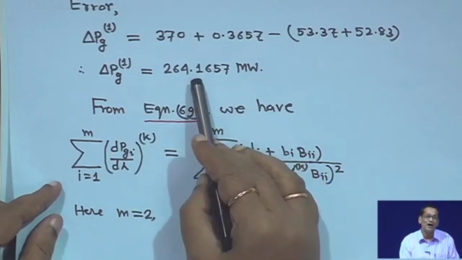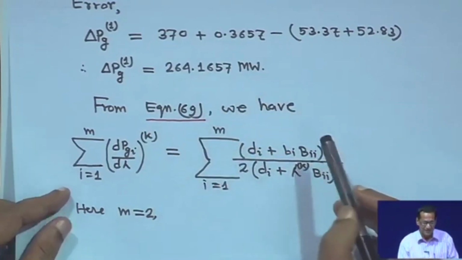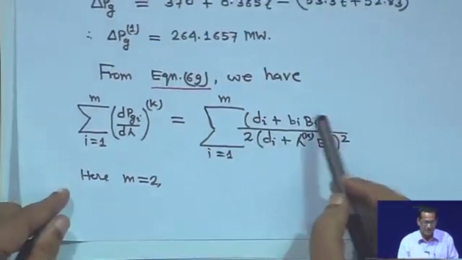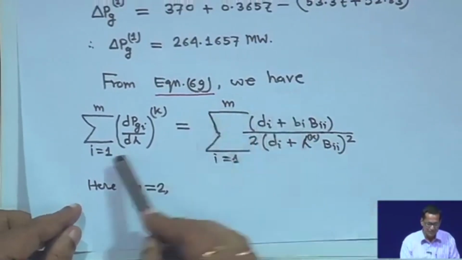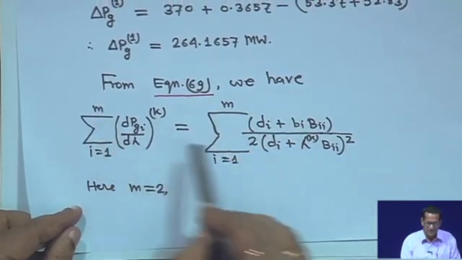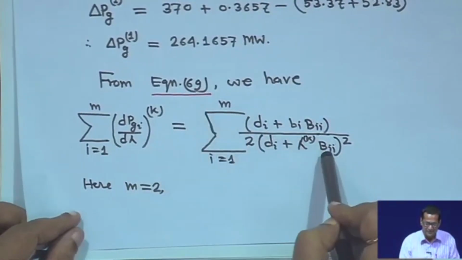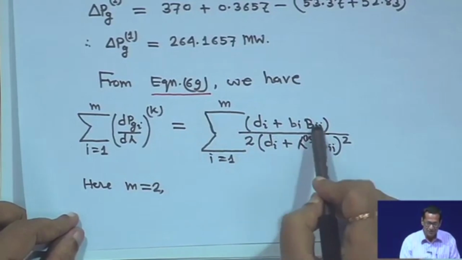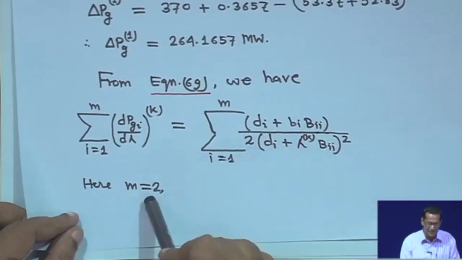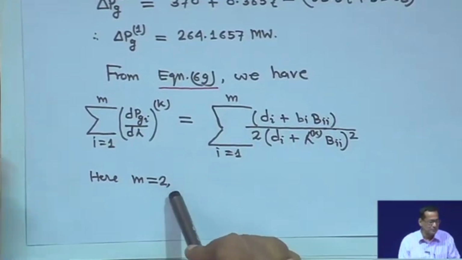This is actually too high, we have to go for the next iteration and find the delta lambda. From equation 69, which is derived for the sum over I is equal to 1 to m, in this expression you put the lambda value, Bi's value, Di's value, everything, for m is equal to 2, because there are 2 generating units.